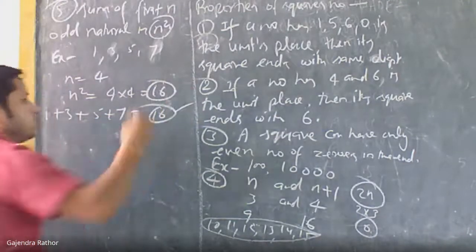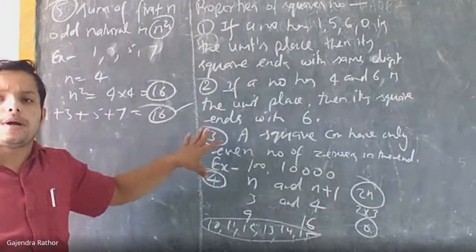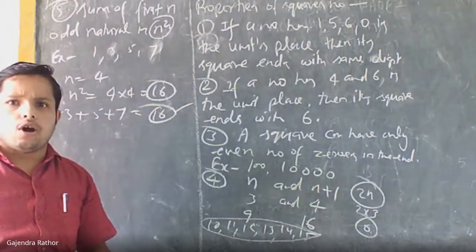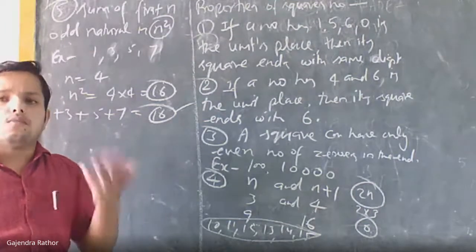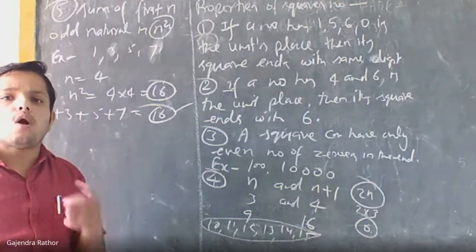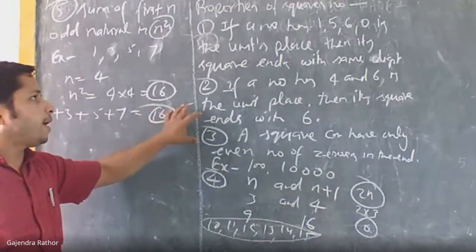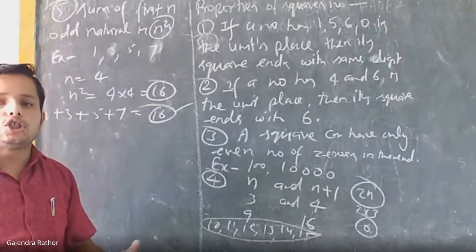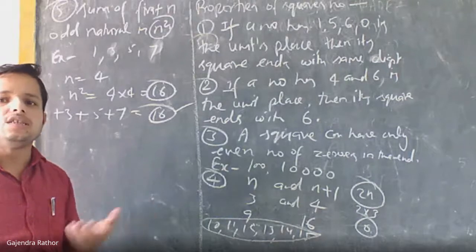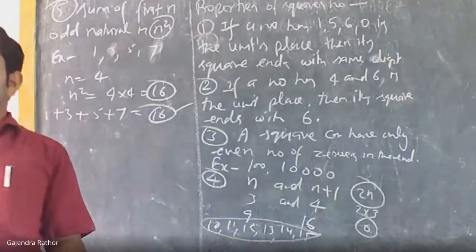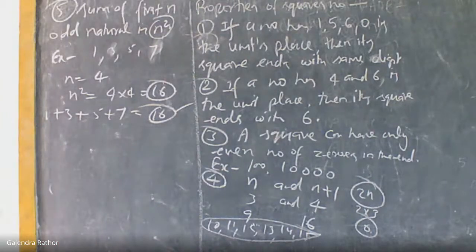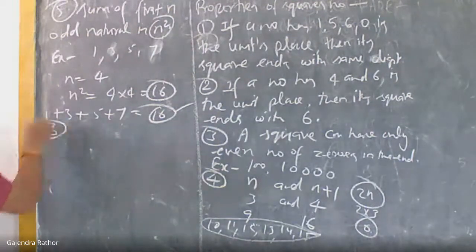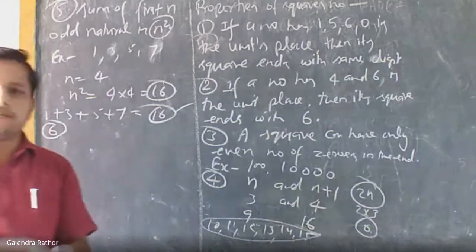So this is correct. By using this property, we can add a lot of odd natural numbers without adding: we just count them and find the square, which will be the sum. That's property number 5. The next is 6, and this is the last property.